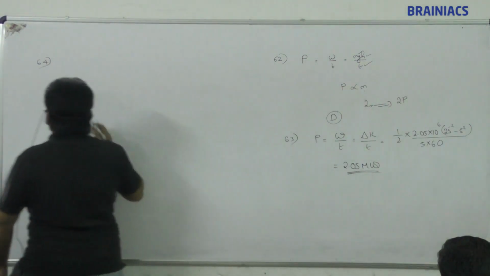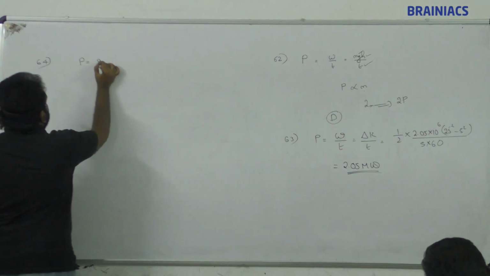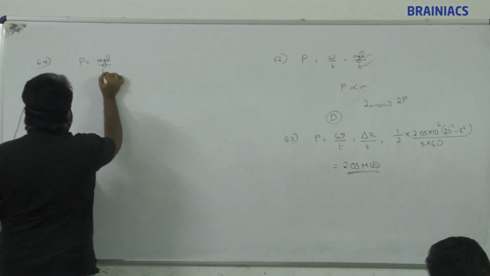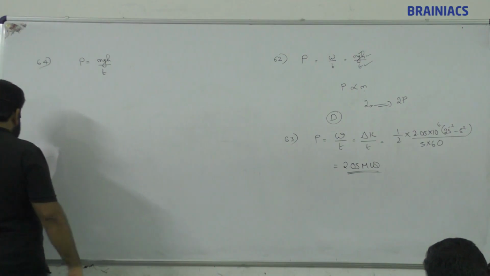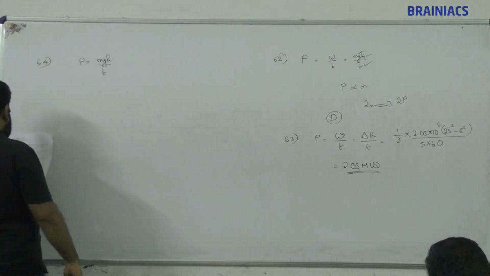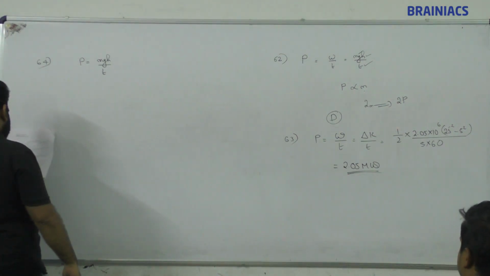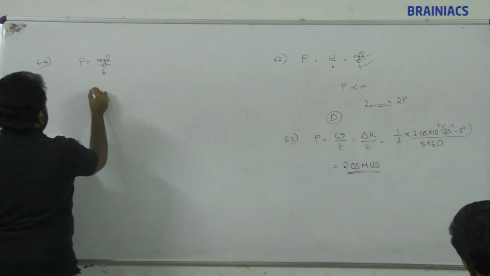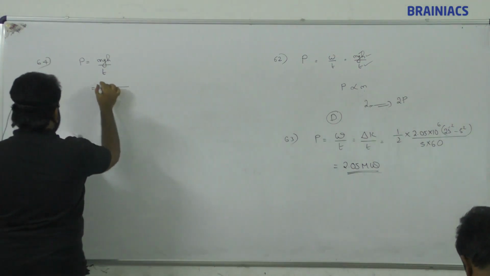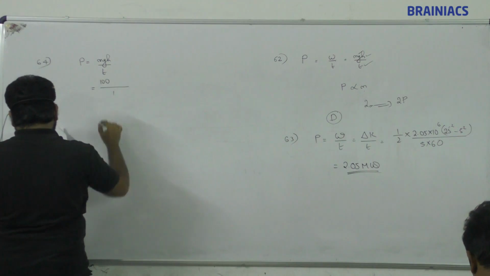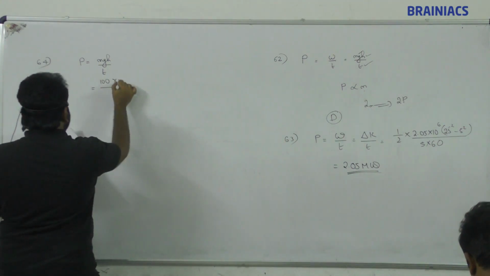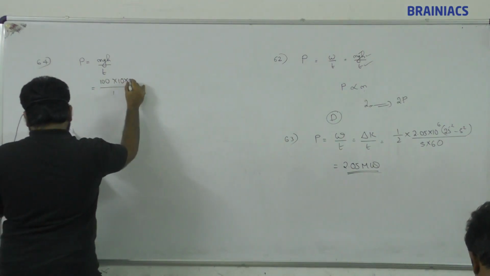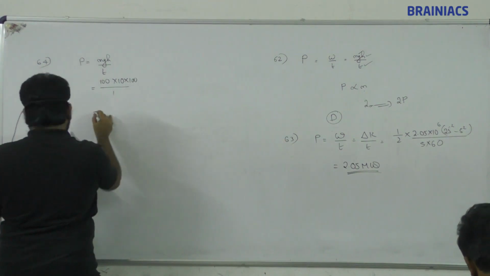Okay, so again same thing, nothing is there. P is equal to mgh divided by time. Okay, so this is the power delivered to the turbine, falling 100 kg per second. So here the time is 1 second. This is going to be 100 kilo... 100 bus.